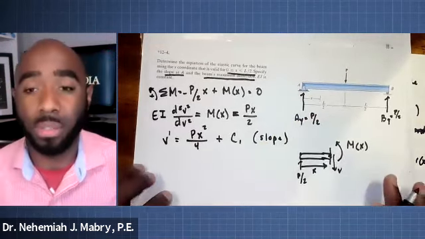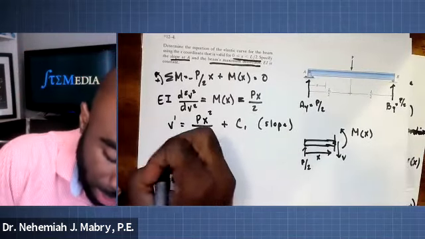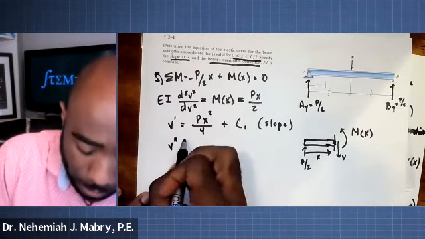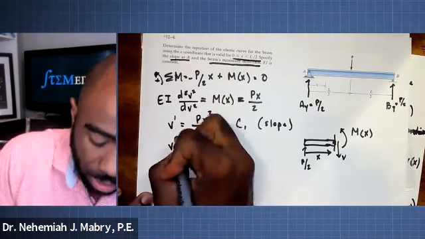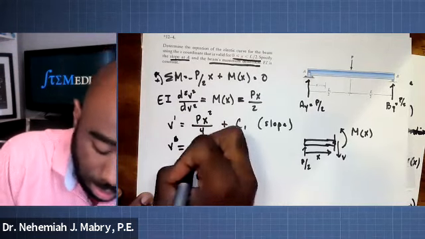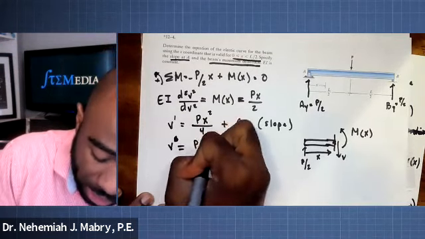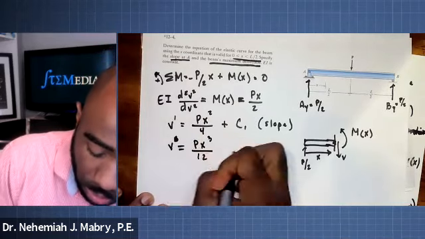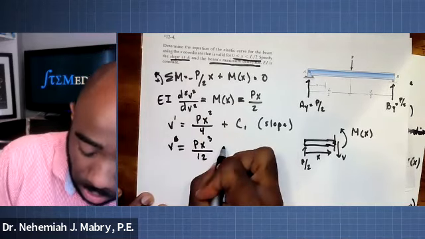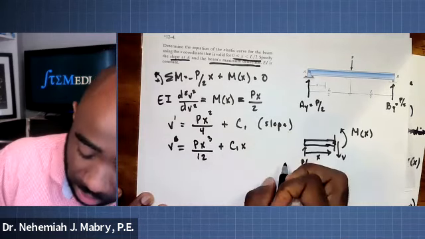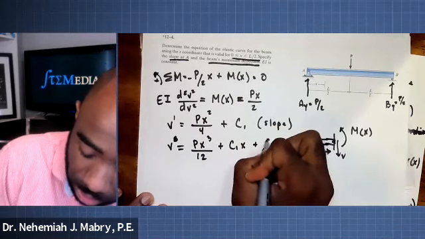Now, how do we get the equation for the deflected shape? Well, obviously, we take the antiderivative again. I'm sorry, that shouldn't even be there. It's just going to be V. V is P x to the third divided by 12 plus C1 x plus C2.